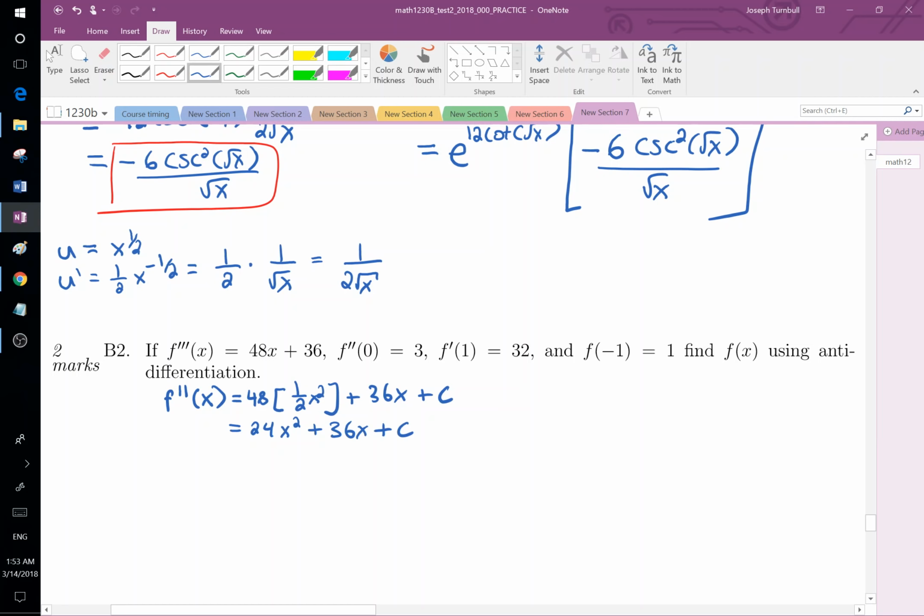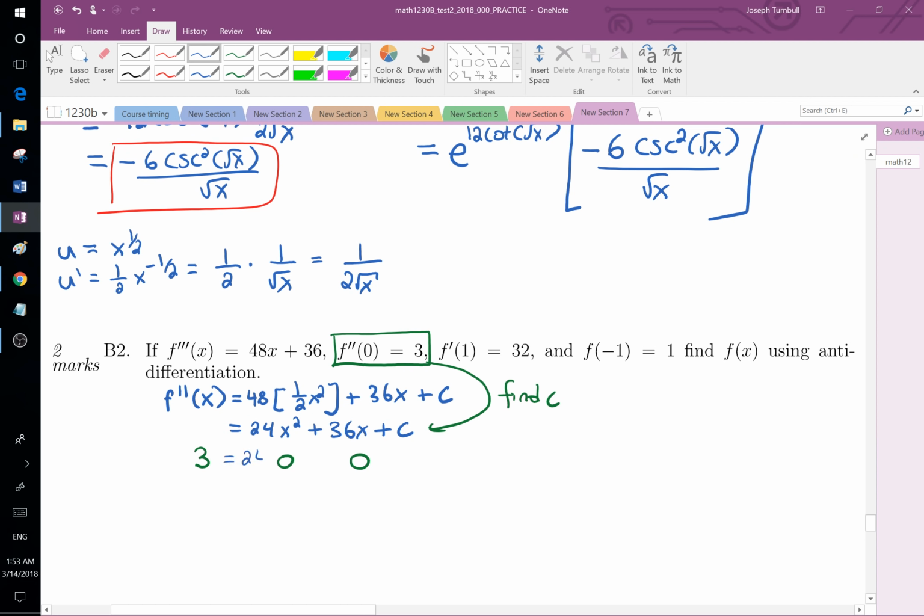Now we're going to use the second derivative condition, f double prime. We're going to use that to find c. This says when x is 0, the second derivative function is 3.